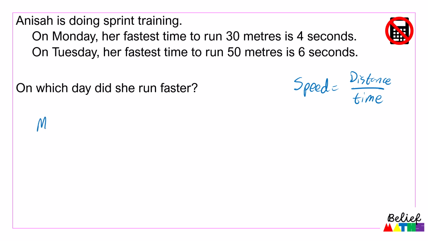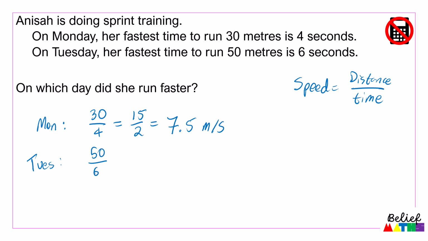So on Monday, we did a distance of 30 meters in 4 seconds. So 30 divided by 4 is the same as 15 over 2, which if we make into a decimal is 7.5 meters per second. If we look at Tuesday, Tuesday is 50 meters in 6 seconds, which again if we simplify is 25 over 3.